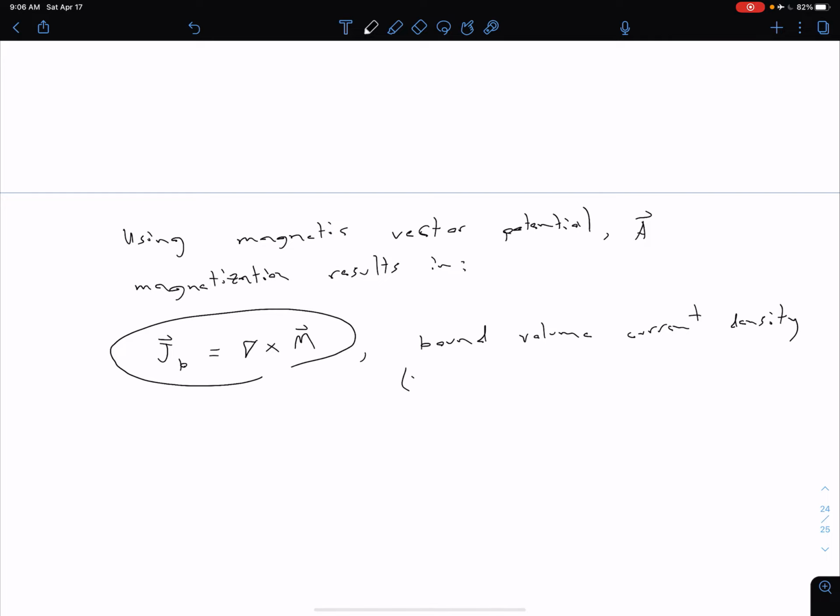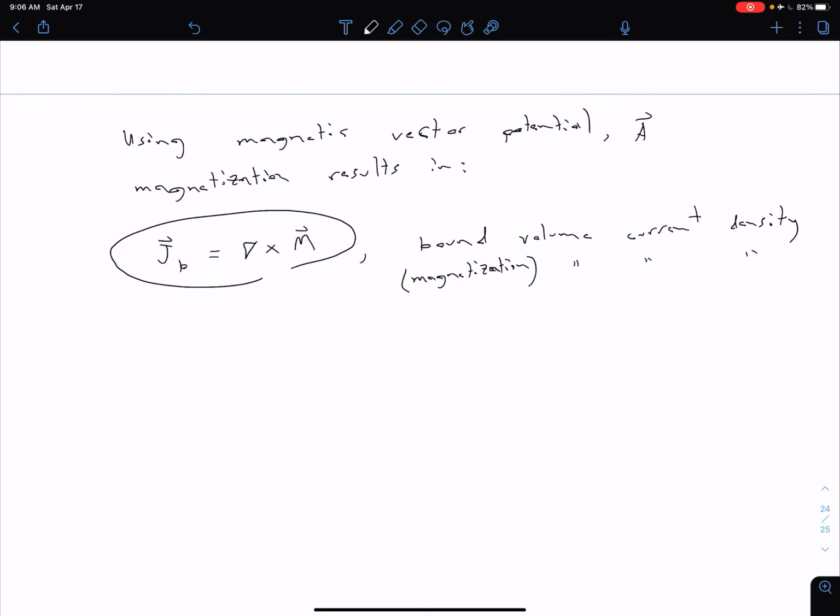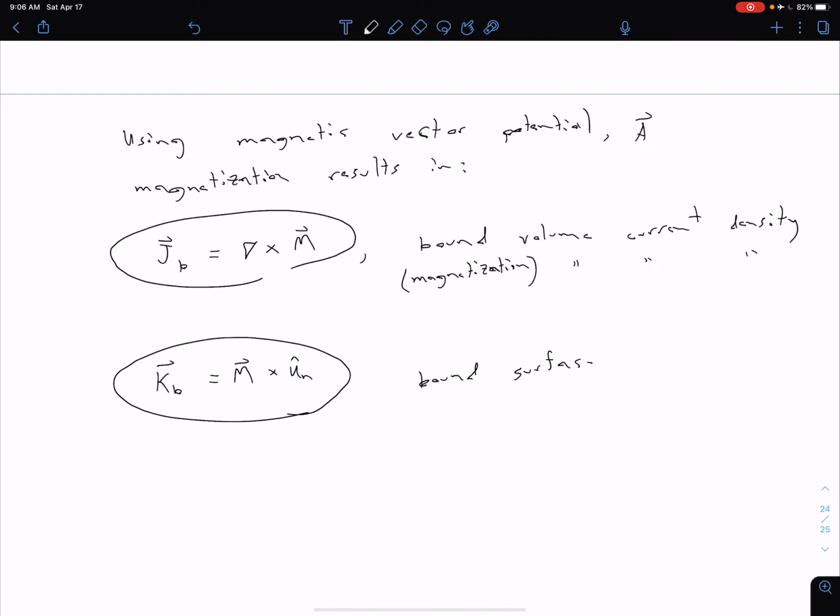So instead of bound, you might see magnetization volume current density. And we also have a bound surface current density, K sub B, which is equal to M cross the unit normal vector. This is going to be our bound or magnetization surface current density.